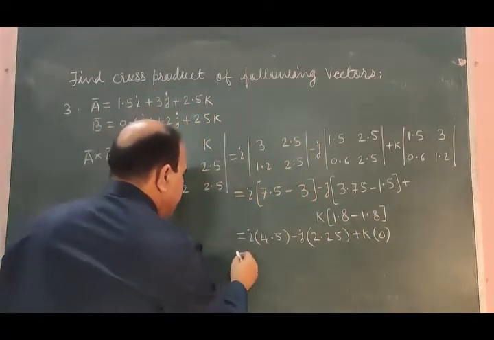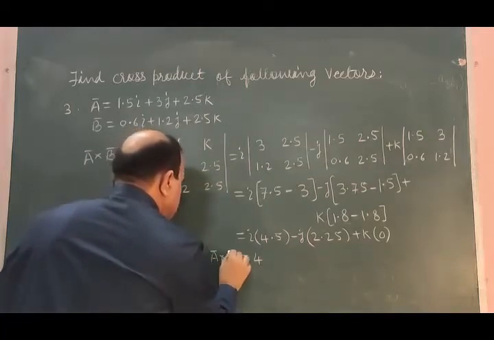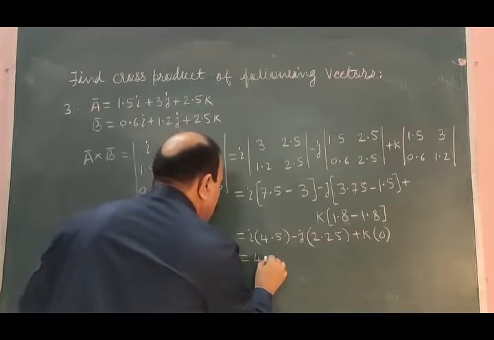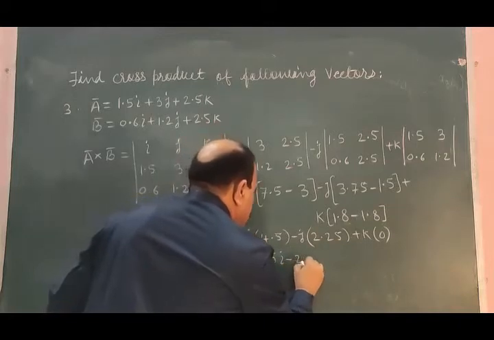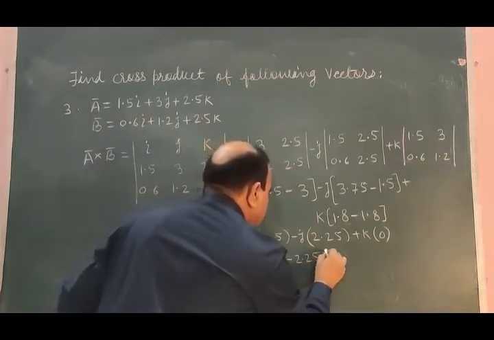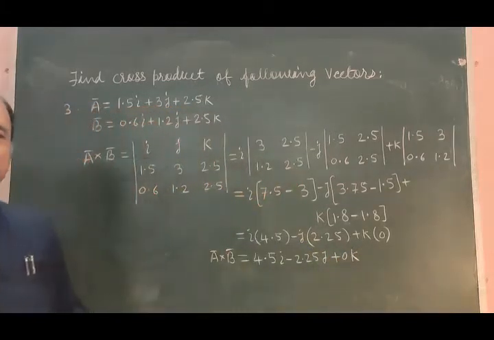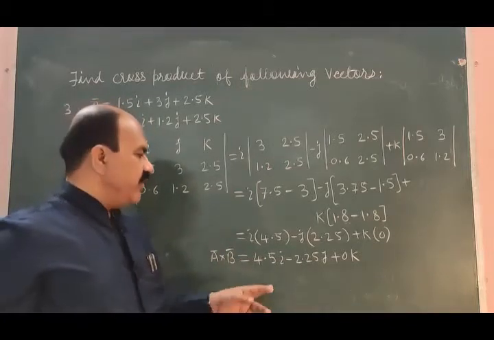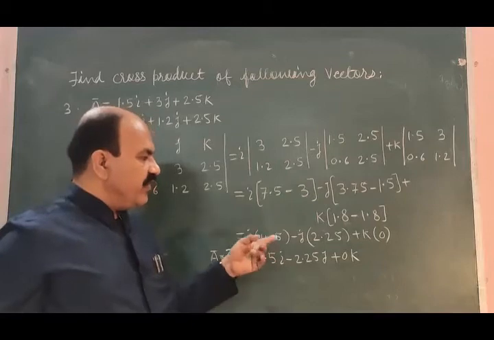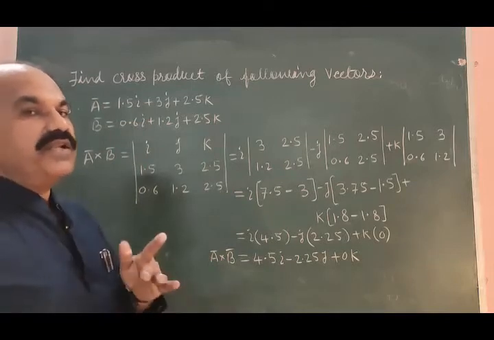So the answer is A cross B is equal to 4.5 i minus 2.25 j plus 0 k. So if the vectors are these, the answer of these two will be this. A cross B is equal to 4.5 i minus 2.25 j plus 0 k. This is the third problem. Let us go for the fourth one.